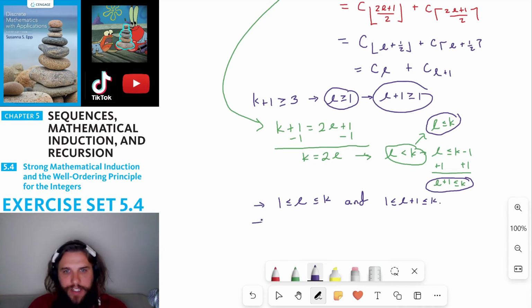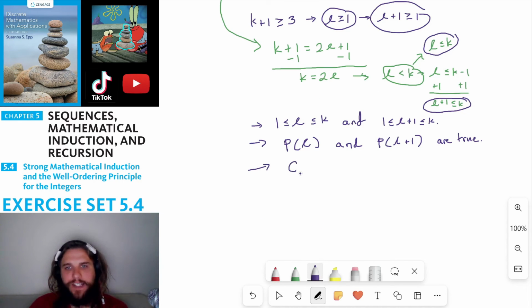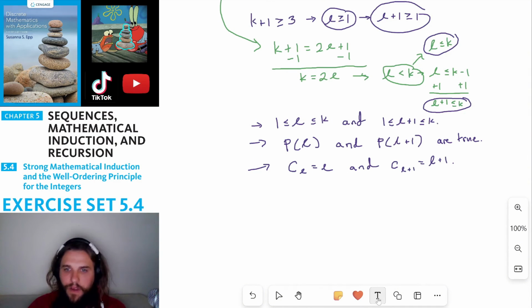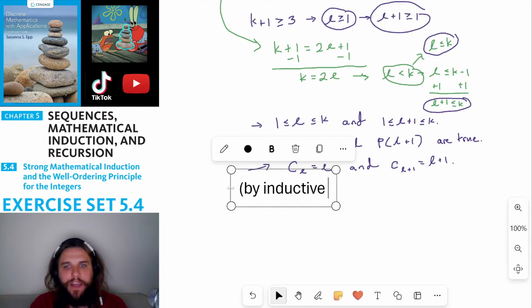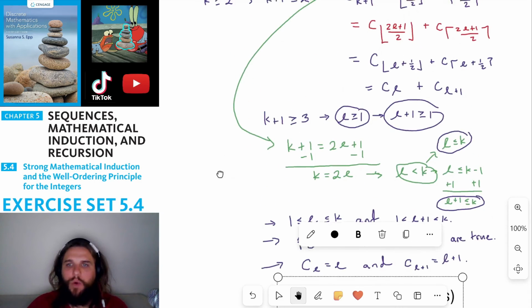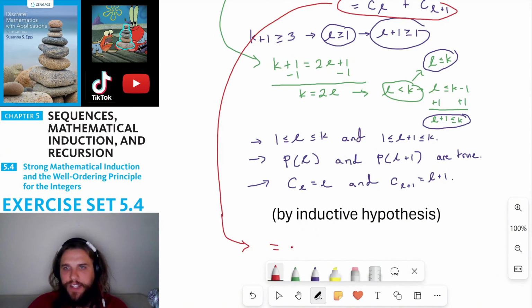So this is where we get to say that P of L and P of L plus 1 are both true, which means that C sub L equals L and C sub L plus 1 equals L plus 1. Since this is where we are applying the inductive hypothesis, we need to clarify that this is by the inductive hypothesis. Okay, so what do we get then? So now we can take this expression here, C sub L plus C sub L plus 1, and say this is the same thing as L plus L plus 1, using substitution here.